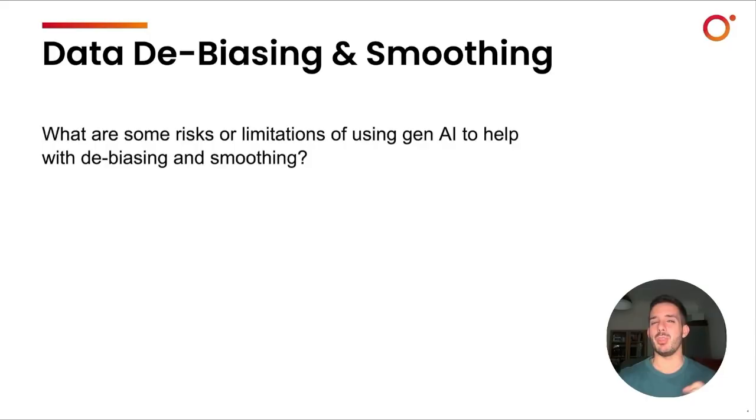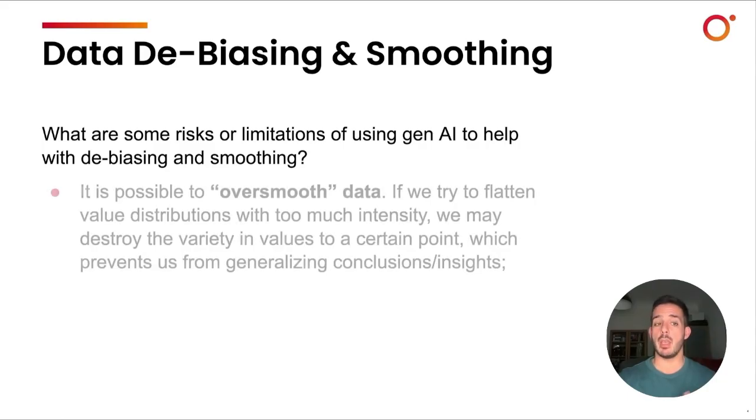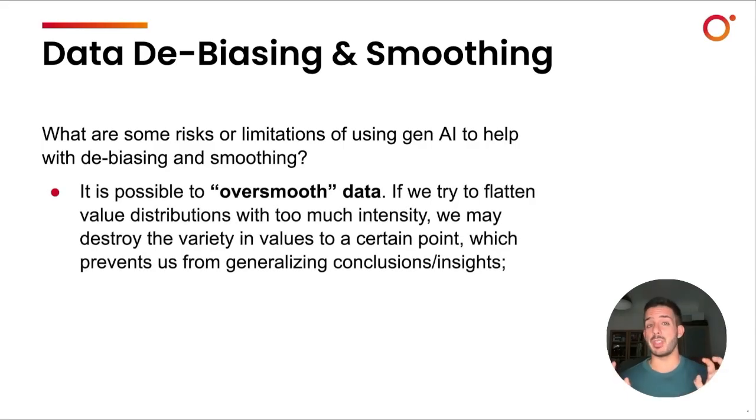And surprise, surprise, we do have risks and limitations when we are using Gen AI to smooth the dataset. For example, it is possible to over-smooth data, right? Just like when we talked about over-standardizing, when we were cleansing and standardizing data, it's also possible to over-smooth noise. Look, if we try to flatten the value distributions with too much intensity, we may destroy the variety in values that exist to a certain point, which prevents us from generalizing conclusions or insights.